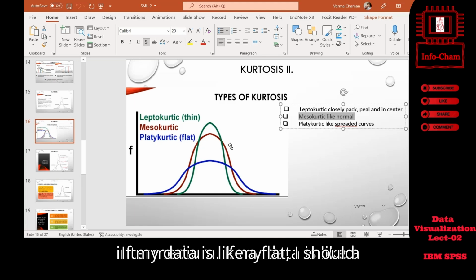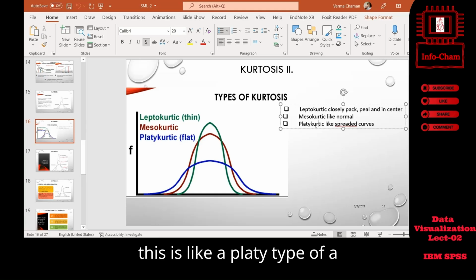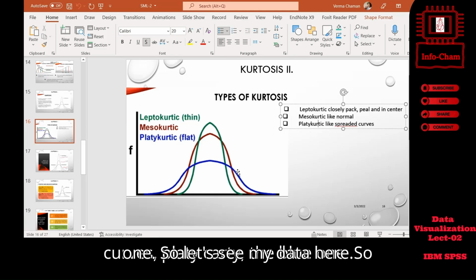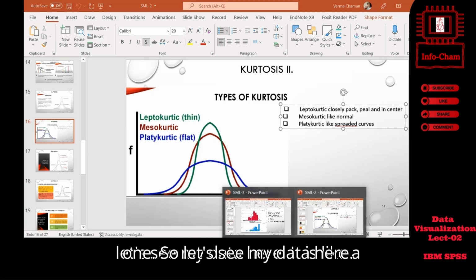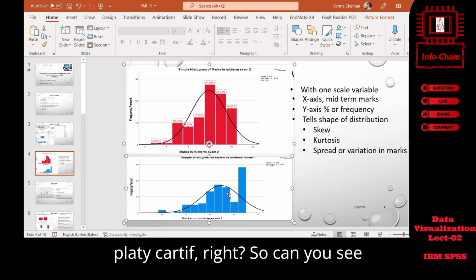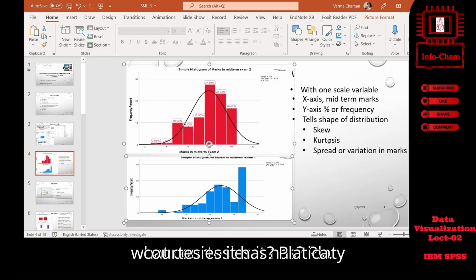If my data is flat, I should say this is a platy type of curve, platykurtic, the blue one. So let's see my data here. What type of curve does it have? Like a platykurtic, right? So can you see what kurtosis it has? Platykurtic. Okay.